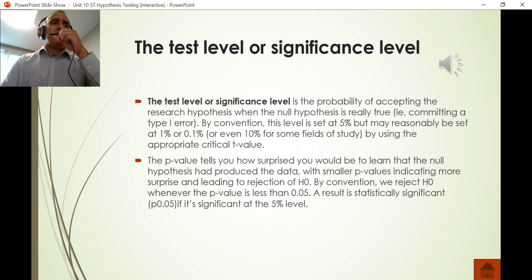This depends on the field that we are exploring. Some fields need a lot of accuracy, so we increase the confidence level to 99%. We go to the normal and accurate one, 95%, or a confidence level of 90%. That means how tight I want that result to be.